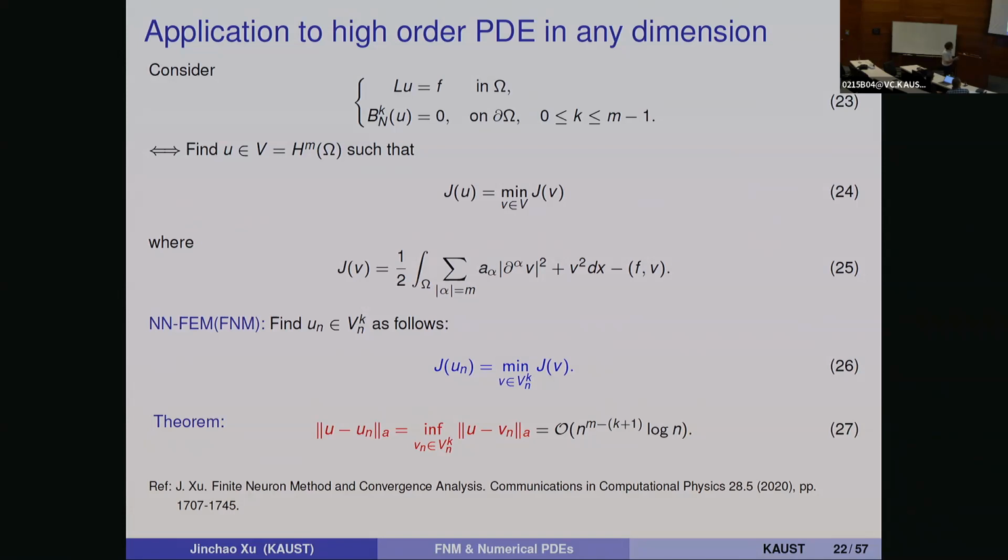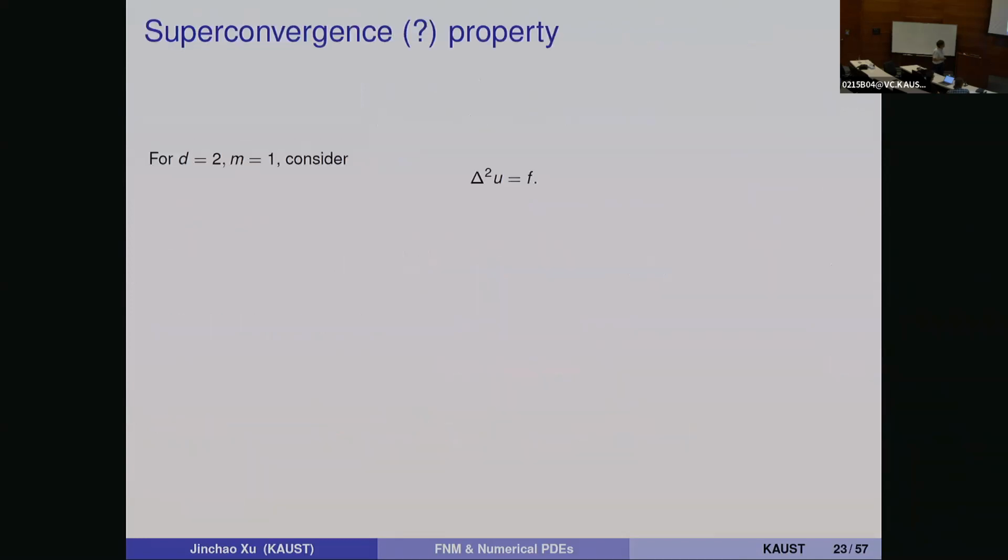M is the order of the PDE, 2M. K is the polynomial degree, the ReLU to the K power. It's like piecewise polynomial of degree K. But there's lots of story in the big O there.